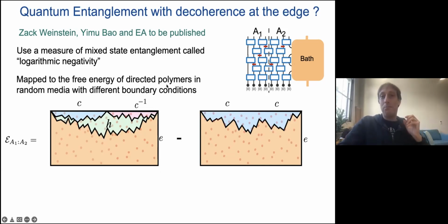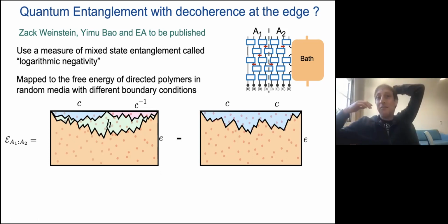But there is an important fundamental question: how do I now quantify the entanglement? Once I have a path here, I have a mixed state dynamics. In general, my system will be in a mixed state, and then entanglement entropy, von Neumann entropy, does not really measure my intrinsic quantum entanglement.